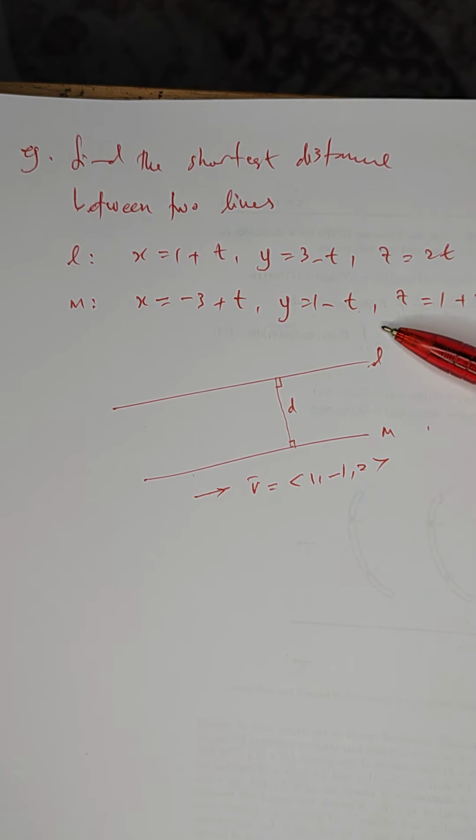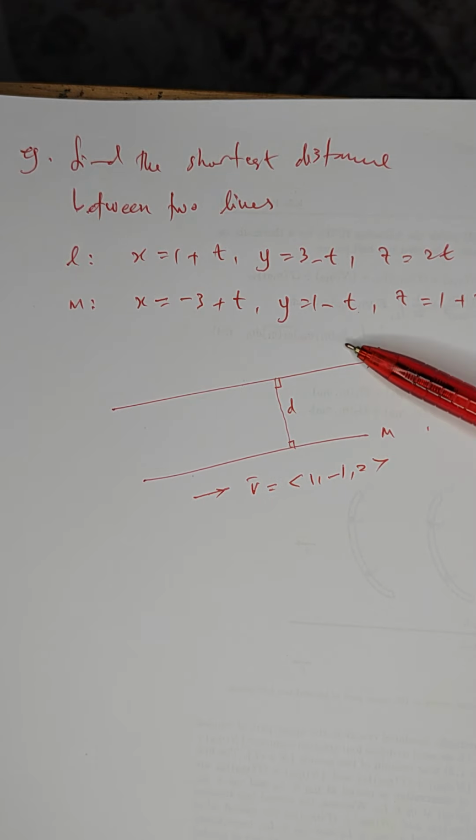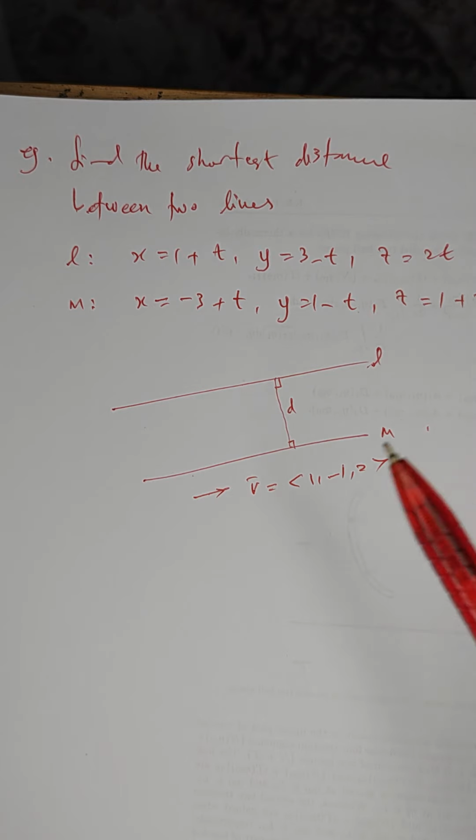Then from those two lines, you can identify a point on each of them.